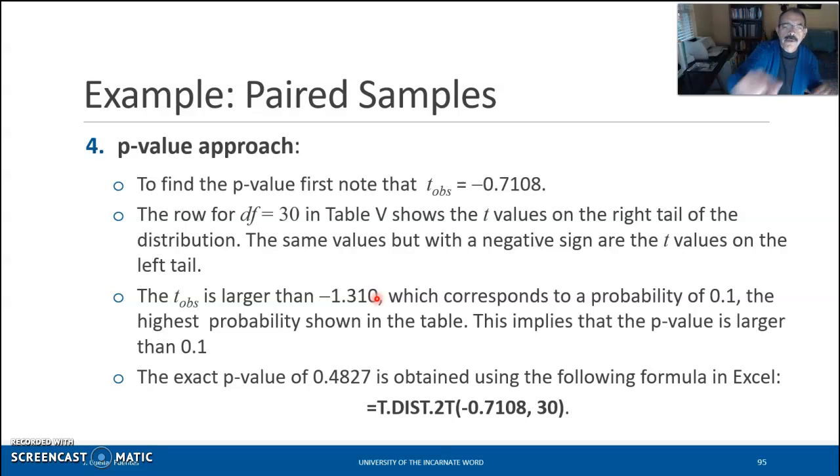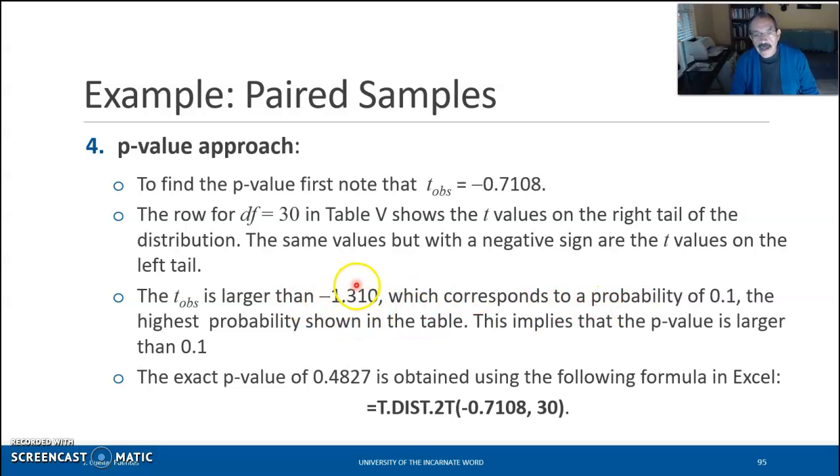And you're looking for the t observed and see how it compares to those negative values. And you will see that this negative value of the t observed is closer to 0 than the largest value on the table, which is minus 1.31.